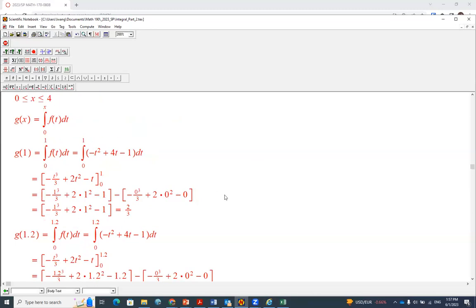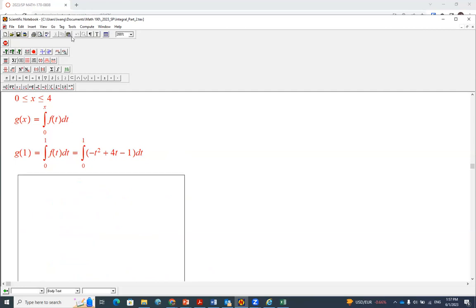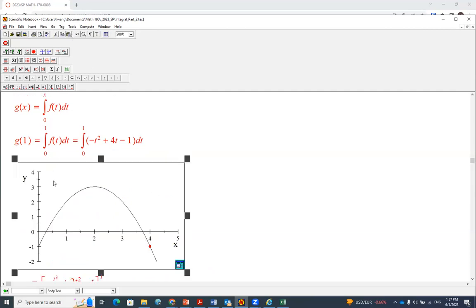G of 1. What is the implication? From 0 to 1 is the area between the curve and the x-axis.